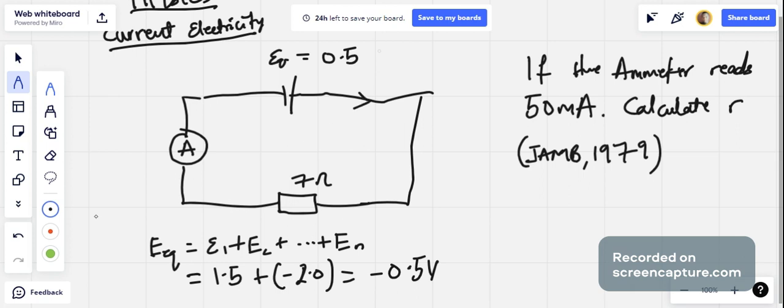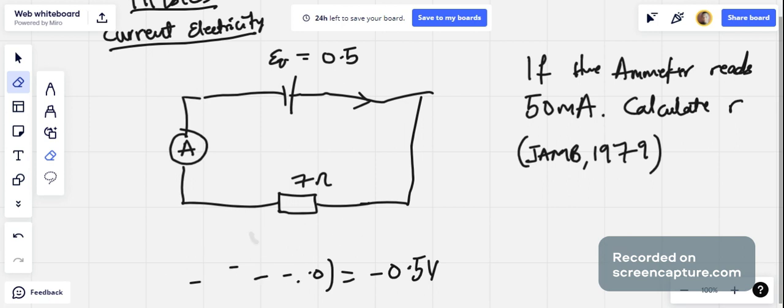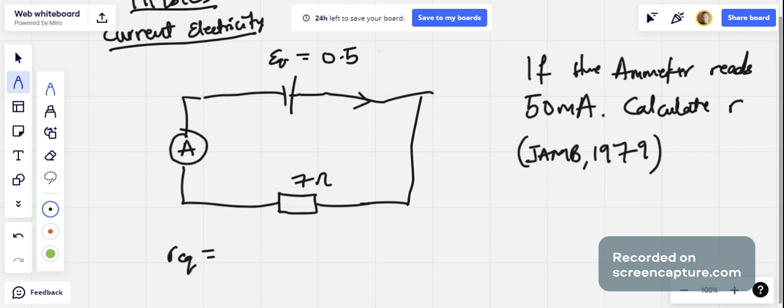You can recall that for internal resistance, when they are connected in series, the equivalent resistance will be R1 plus R2.